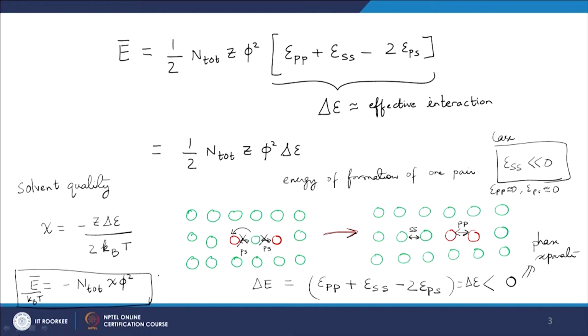Okay, because in any case we do not look at the interaction values by themselves, we look at how they compare to kBT, that is a thermal energy. Only if the energy is very high compared to thermal energy, it can have any effect on the system, because otherwise the system is entropy dominated and favors mixing.